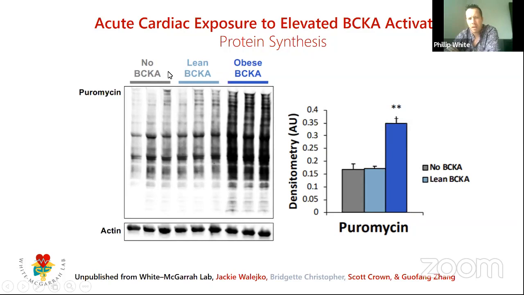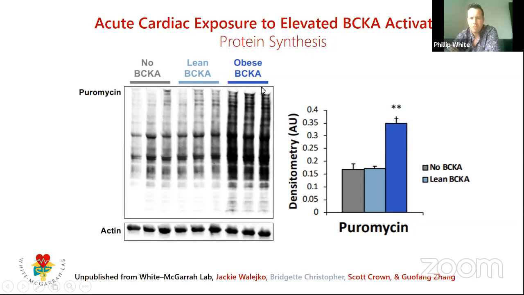And so what you can see here is when you go from having no branched chain keto acids in the perfusion buffer to the levels found in lean animals, there's no effect at all on protein synthesis. So having low or healthy exposure of branched chain keto acids really doesn't impact this pathway in healthy hearts.